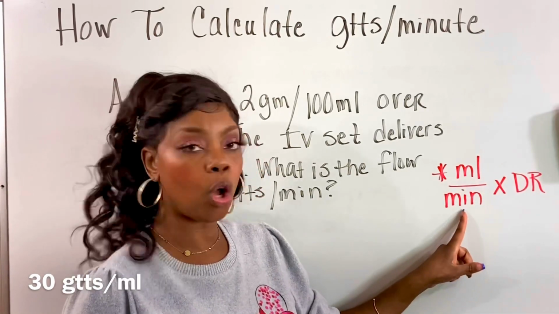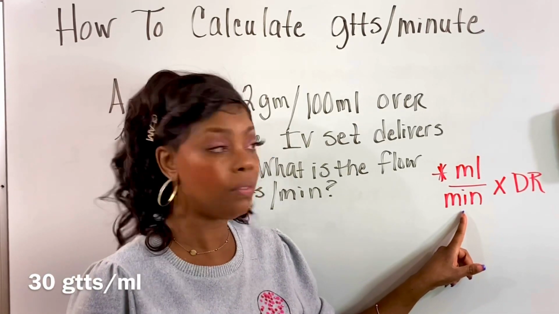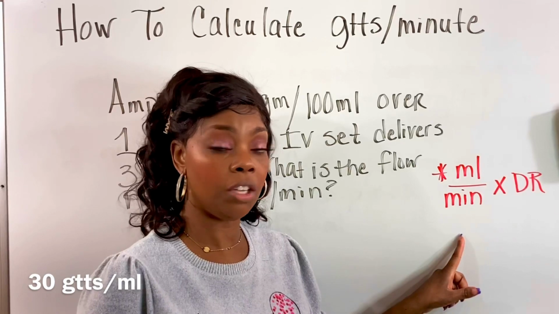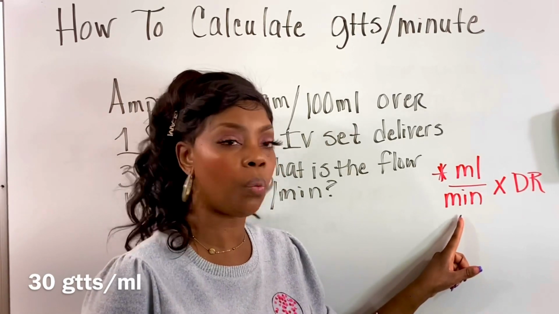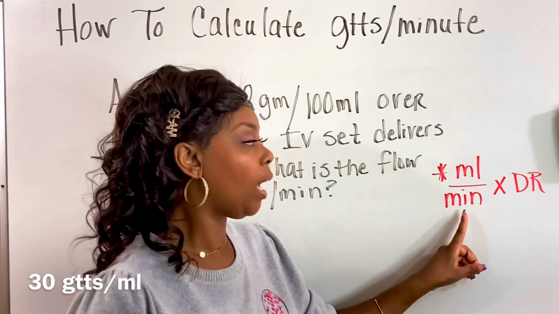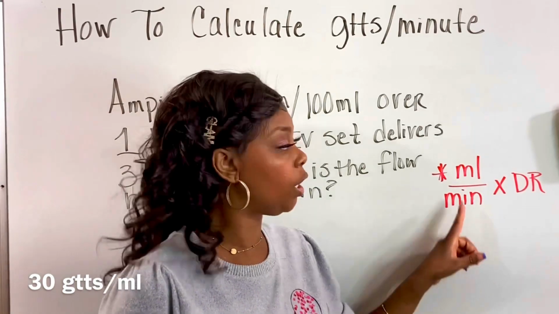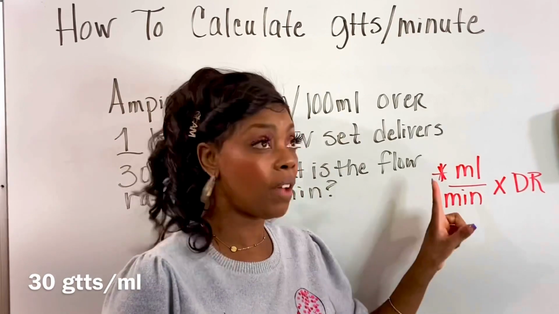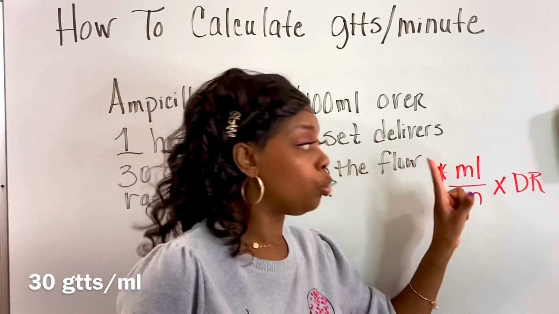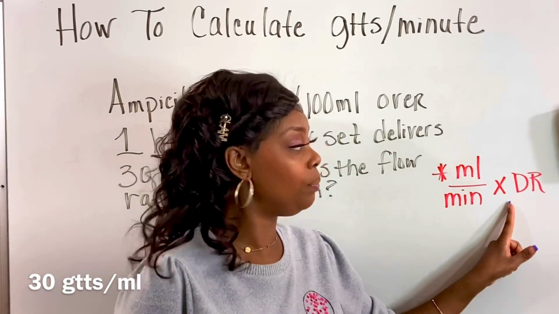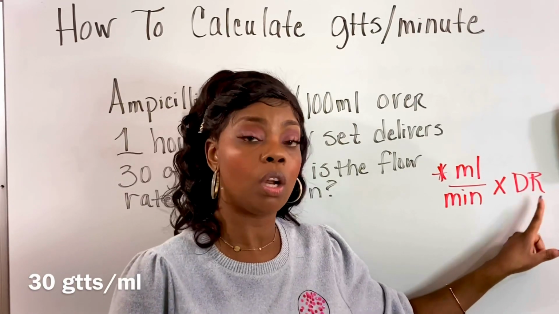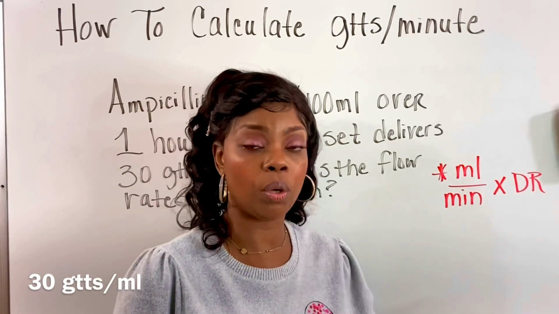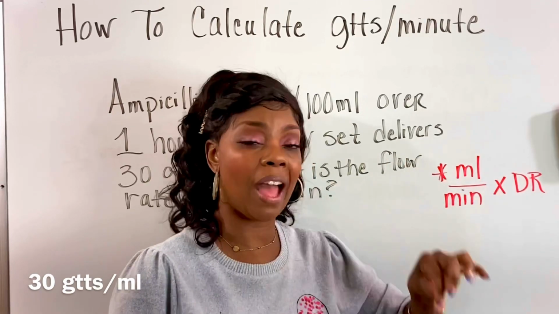You're going to put that over however many minutes you have. You're going to divide that, okay? You're not going to hit equal on your calculator. What I want you to do is put in however many milliliters you have, divide it by however many minutes, go straight into your multiplication key and multiply that by your drop rate, and that's going to give you how many drops you have per minute, okay?